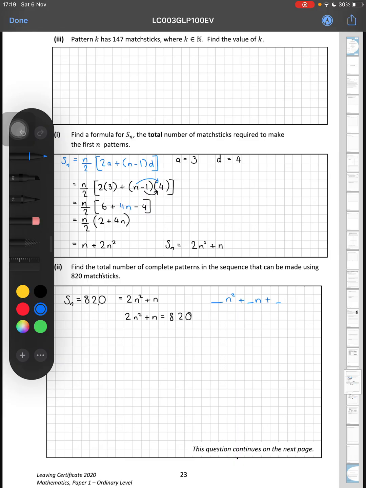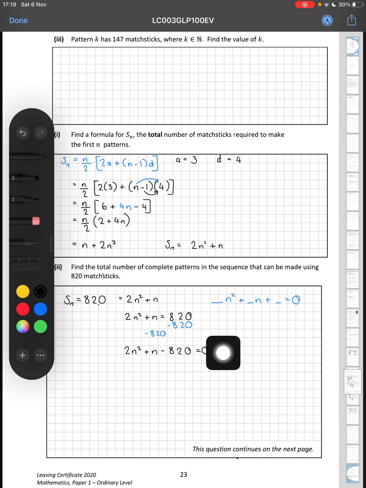So we need to figure out what value we have for n in this situation. When we have a formula like this, we can't really solve for n nicely. What we're used to seeing is something times the variable squared plus something times the variable plus something equals 0. So I want that 820 to equal 0.